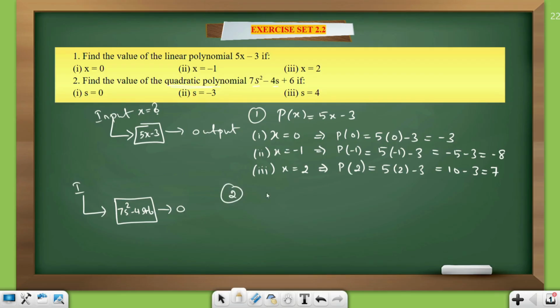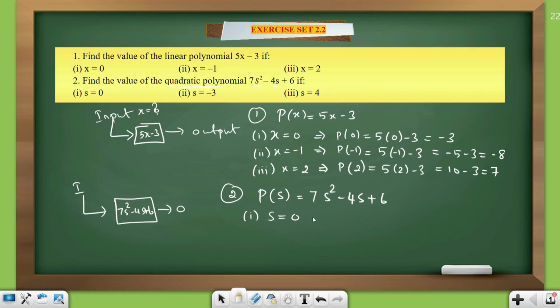Here the variable is s, so I'm taking it as p of s, which is 7s square minus 4s plus 6. We'll substitute each input value and find the corresponding output value.